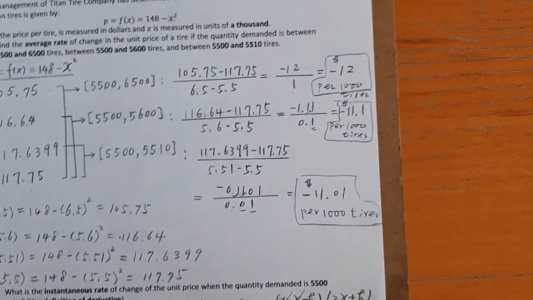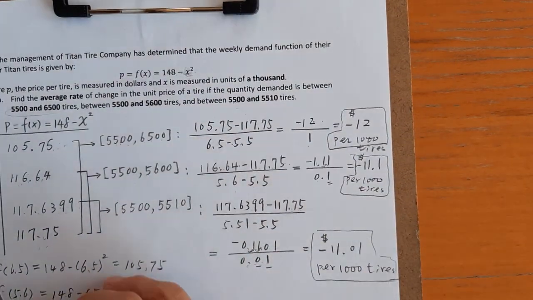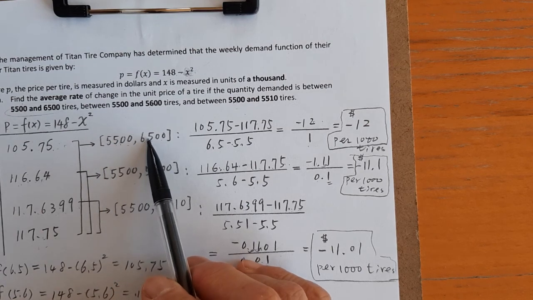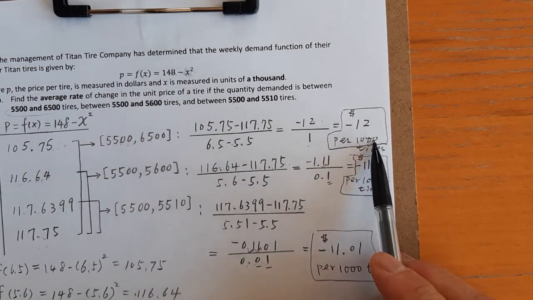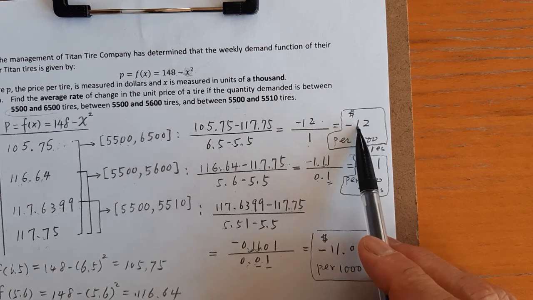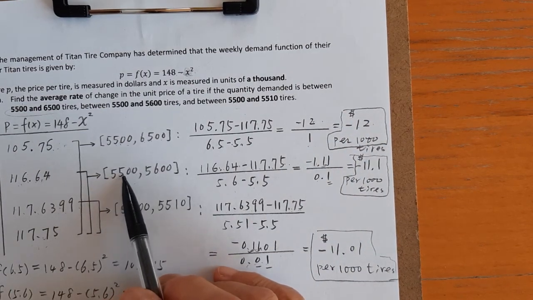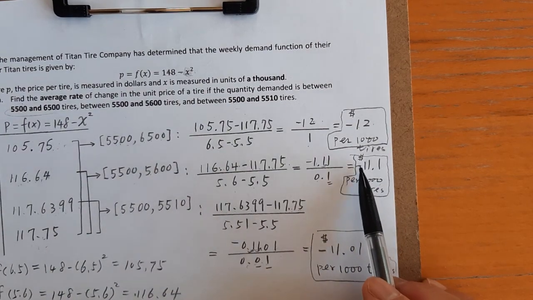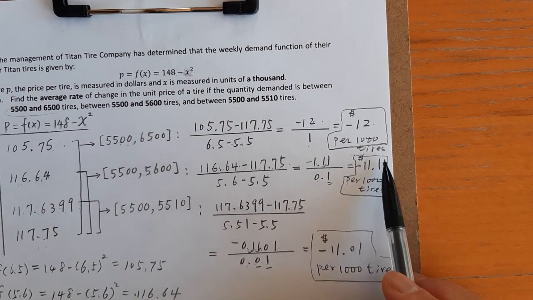So you can see over here, between 5.5 thousand to 6.5 thousand, per thousand it declines by $12. And from 5.5 to 5.6 thousand, per thousand it declines by $11.1.